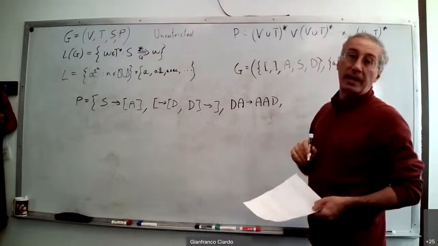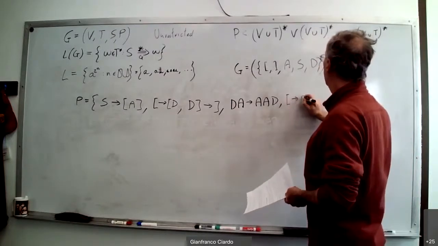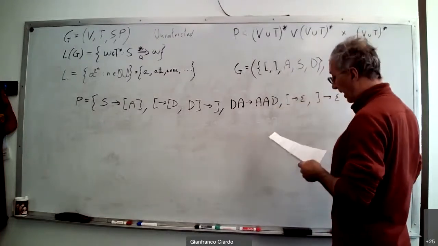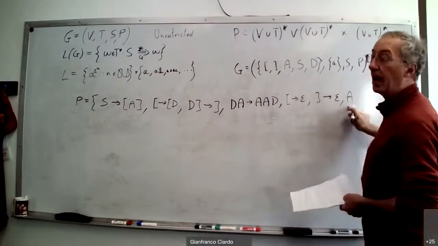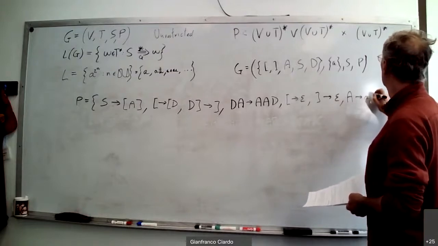And that's the whole trick, right? And then, of course, at some point, I need to get rid of the left bracket, and I need to get rid of the right bracket. Well, no, of course, I also need to have uppercase A go to little a.